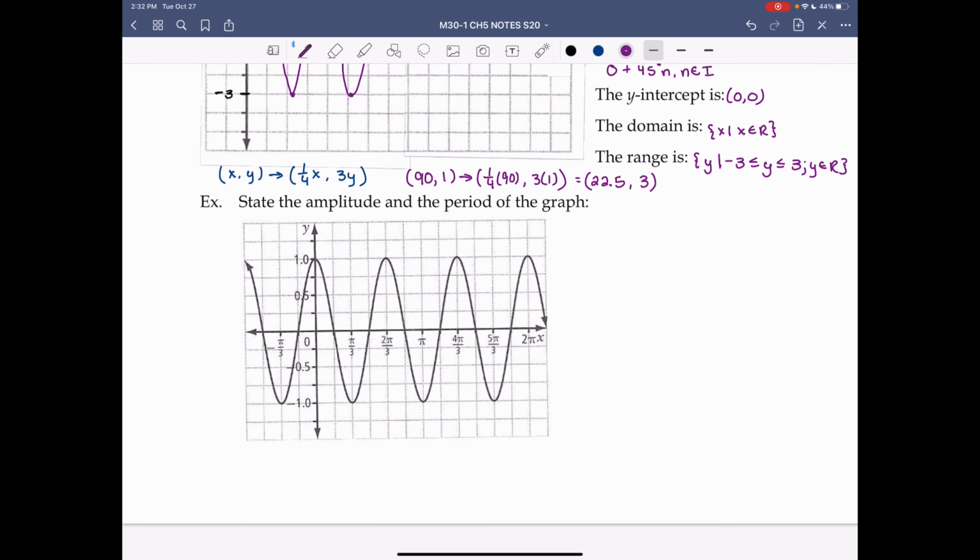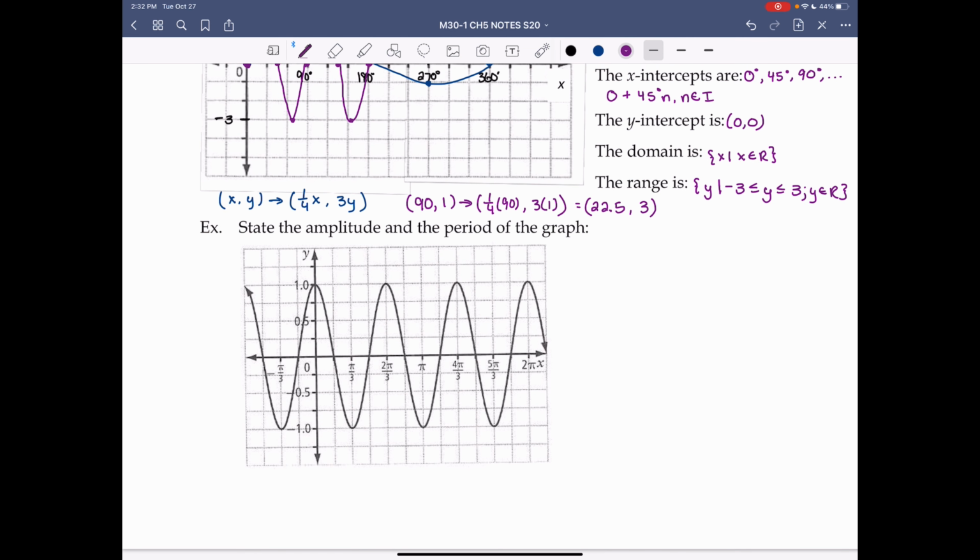State the amplitude and the period of the graph. We have to find our midline. The midline happens to be the x-axis here. From the x-axis, we go up 1 to the maximum. We also go down 1 to the minimum. So the x-axis is our midpoint, and our amplitude would be 1. We can use the formula for amplitude as well.